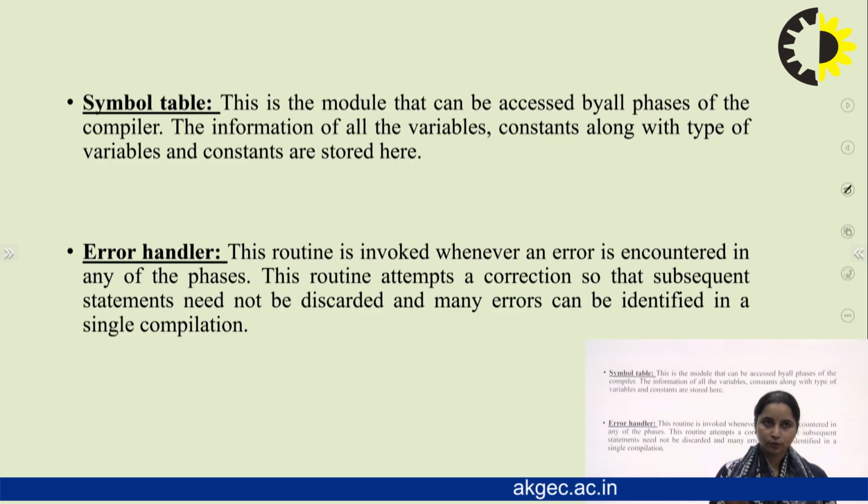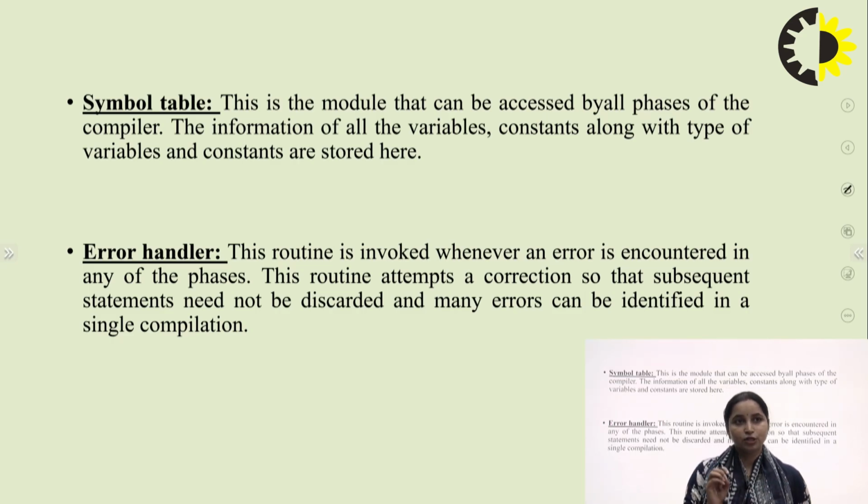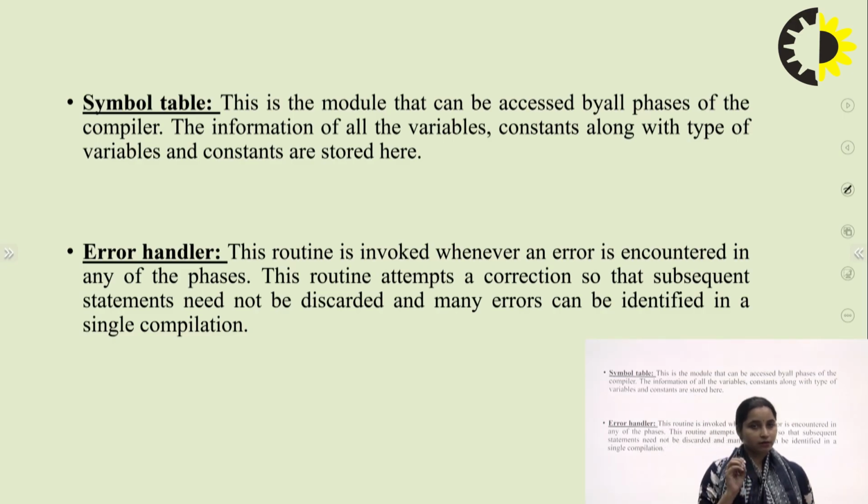Now two things are remaining: the symbol table and the error handler. In each and every phase we have studied how the symbol table and error handler interact with each phase of the compiler, whether it is the analysis part or the synthesis part. Errors are generated according to the information received from the symbol table.